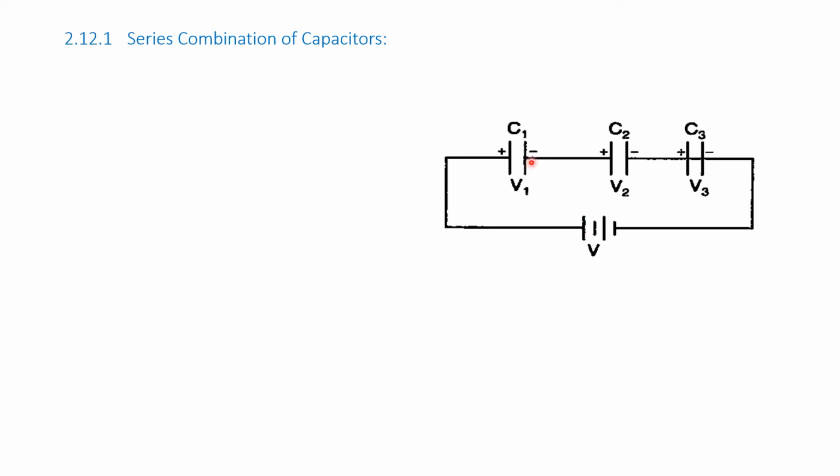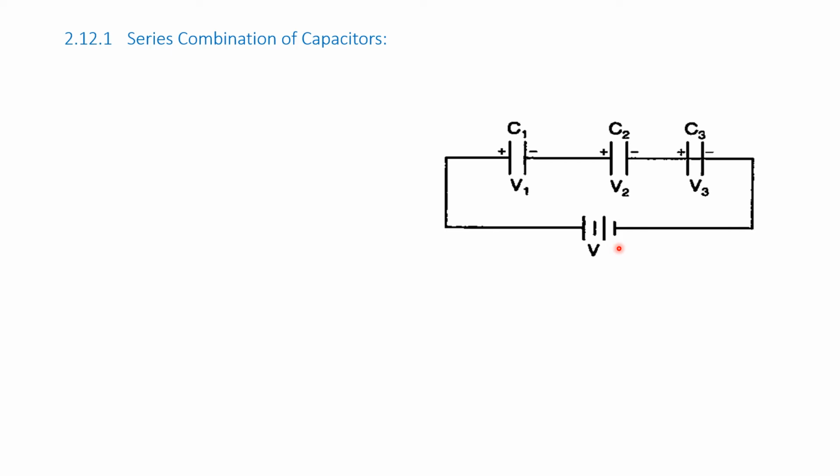Similarly, the negative side of C1 will be connected to the positive side of C2. Similarly, the negative side of C2 will be connected to the plus side of C3, and the negative side of the third capacitor will be connected to the negative side of the battery.